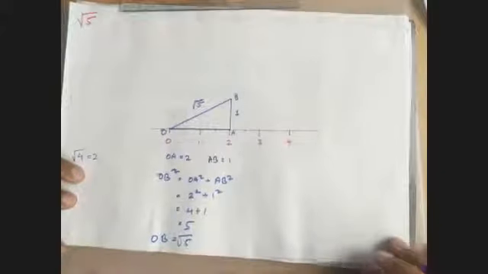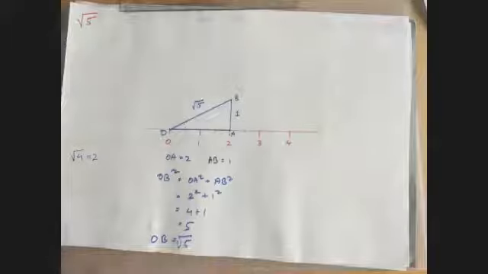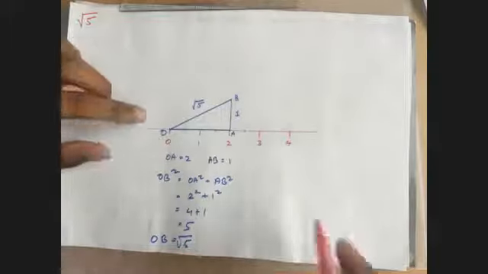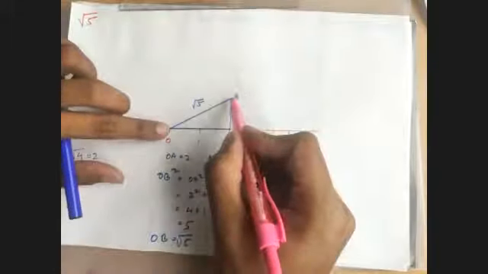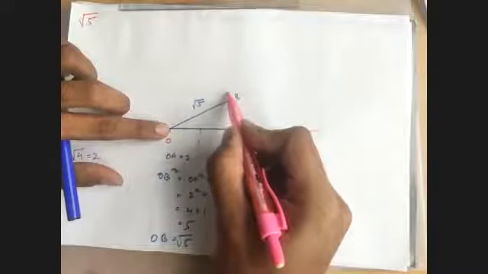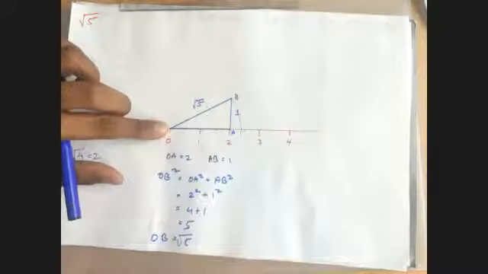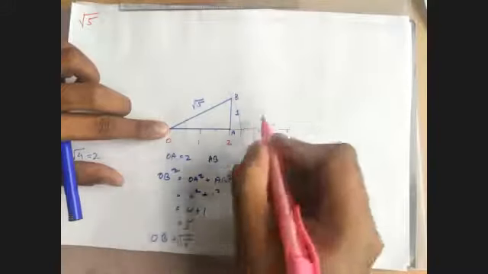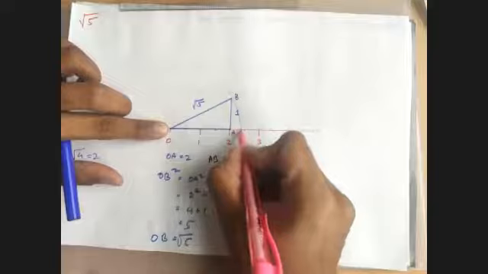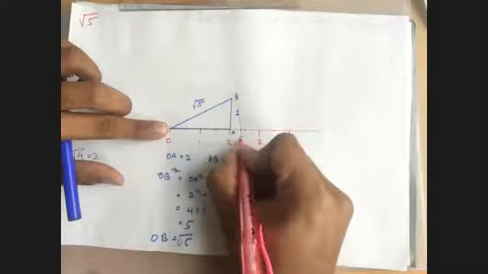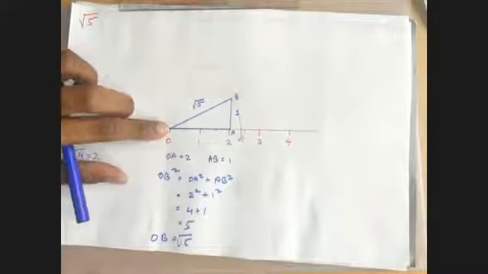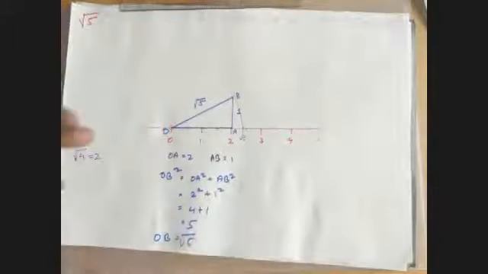So we found it. How do we mark this on the number line? We take a compass and draw a circle like this, so an arc, a part of a circle. Wherever this cuts the number line, this is the value of root 5. Now we have the value of root 5.